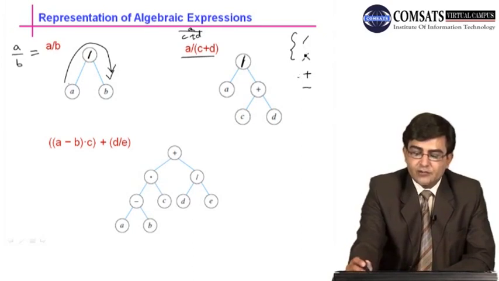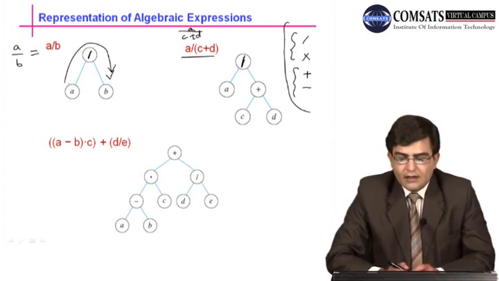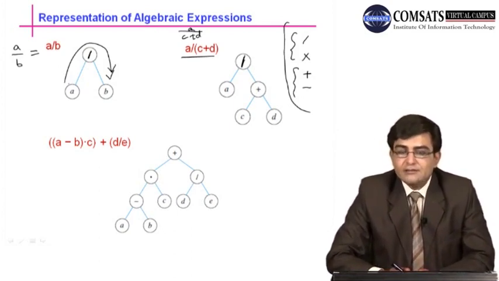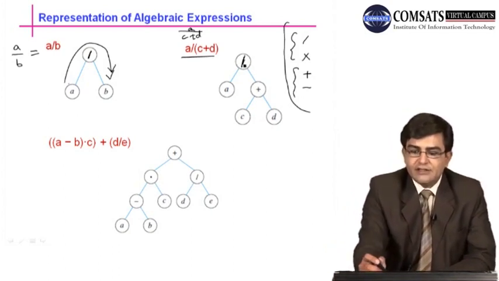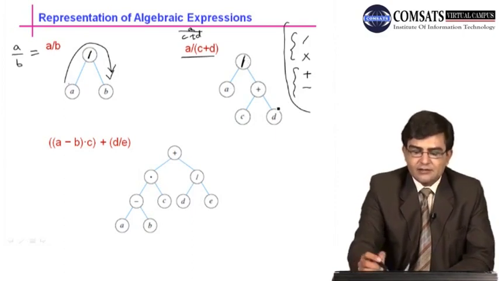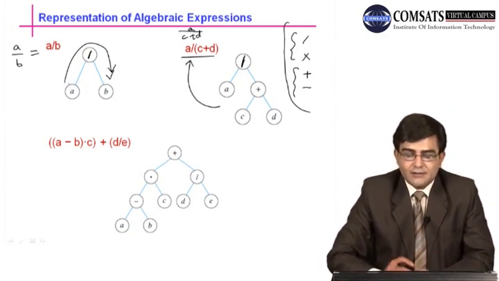This is the order of preference of these binary operations in an algebraic expression. Therefore here we write the division, here we write plus. First A divides, then C plus D. So again, this tree will give us the same algebraic expression.